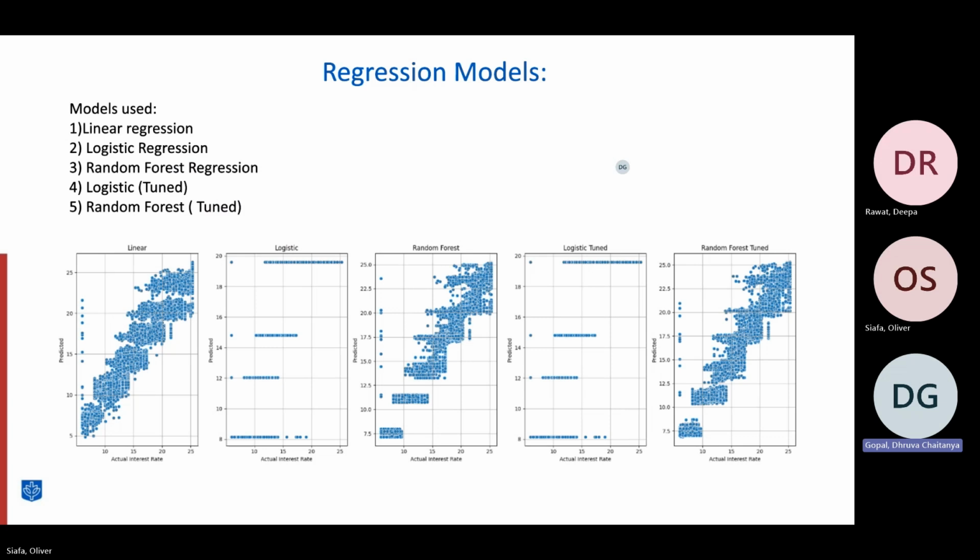We can see in the plots that linear regression shows a strong diagonal trend that matches predicted to actual results, while the random forest models were slightly more flexible but produced higher variance in predictions. Logistic regression struggled with continuous outputs due to binning, which led to flat segments in the predictions.